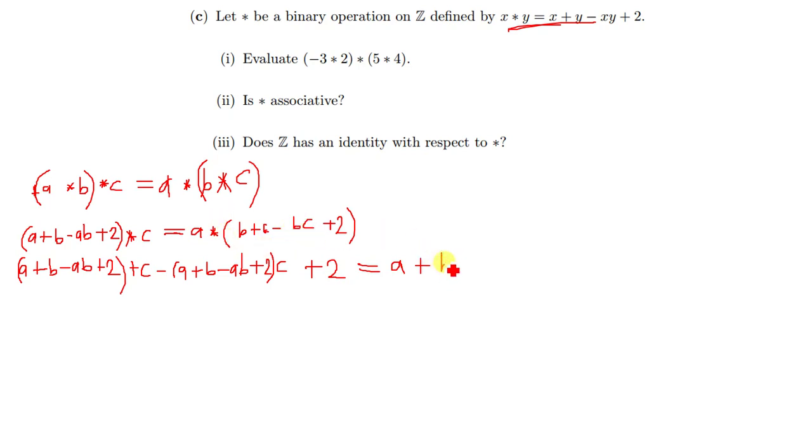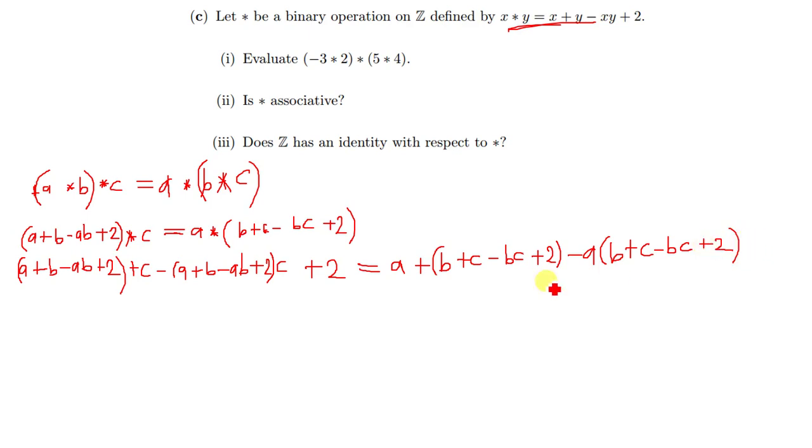So where there's Y, I'm putting B plus C minus BC, maybe just put them in brackets, plus 2, and then I say minus A, I'm multiplying it with all that, which is B plus C minus BC plus 2.